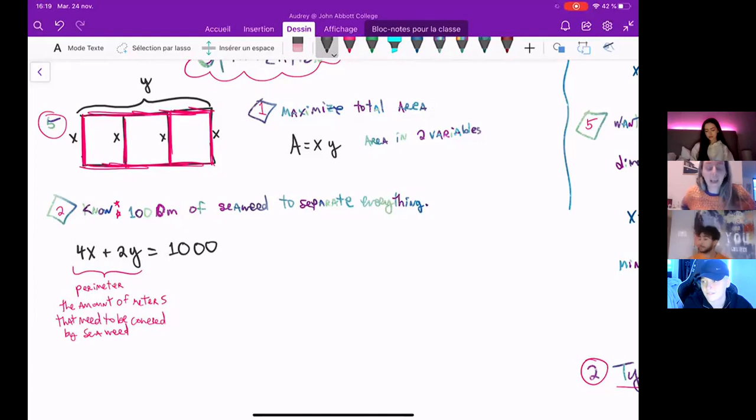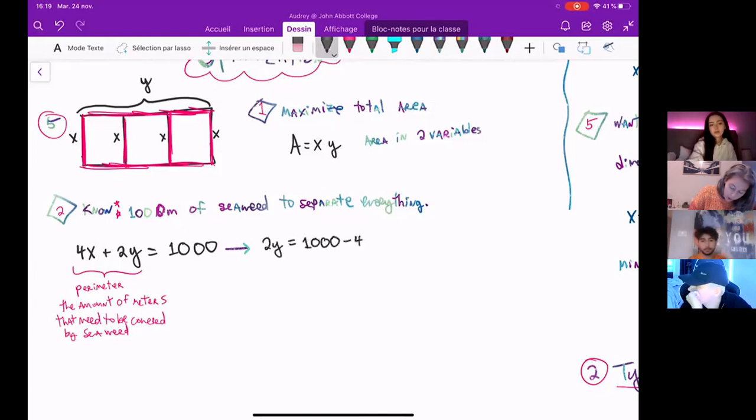Now, we've said that once we have this relationship, we want to solve for one of the variables. Does it matter which variable I solve for? It does not matter. I can solve for X, I can solve for Y. However, we've said that typically we solve for Y because then everything will be in terms of X and we're just used to working with X. So I'm going to solve for Y. I'm going to get 2Y is equal to 1000 minus 4X.